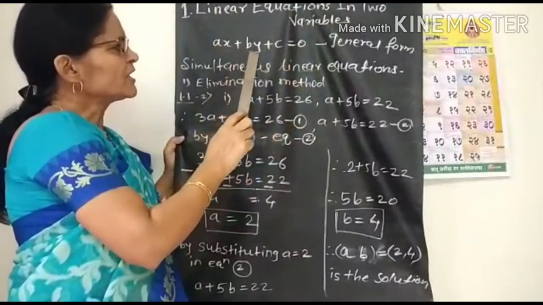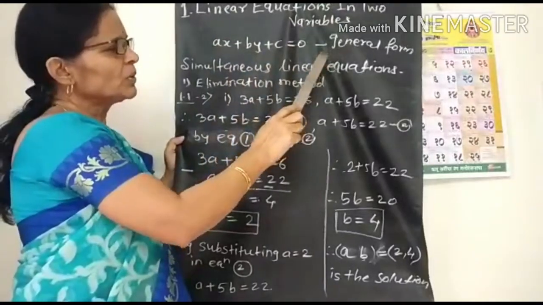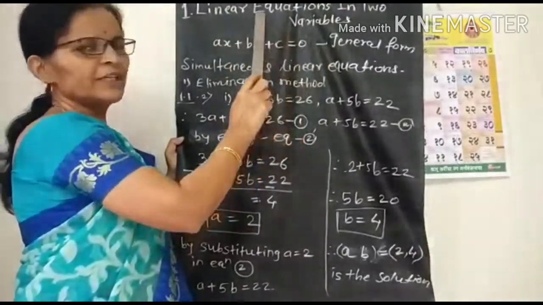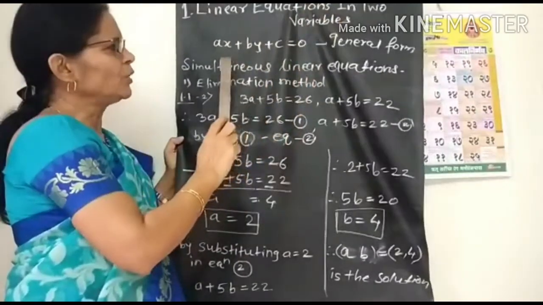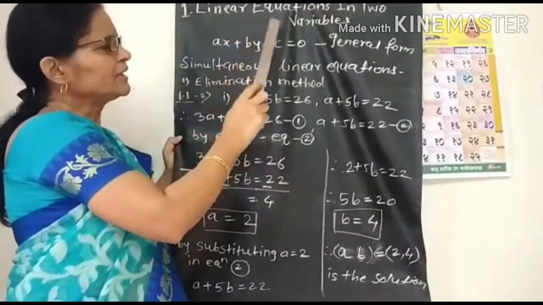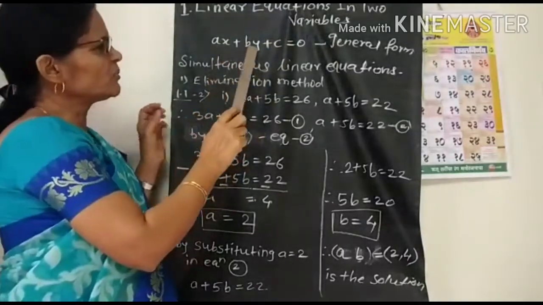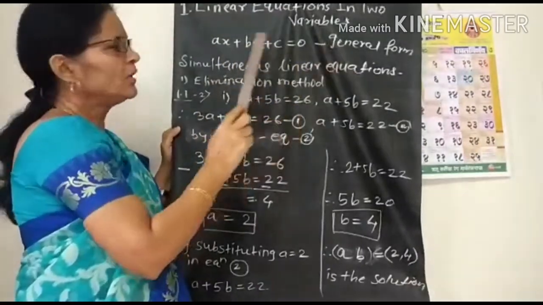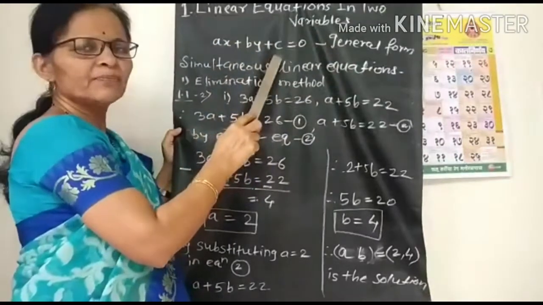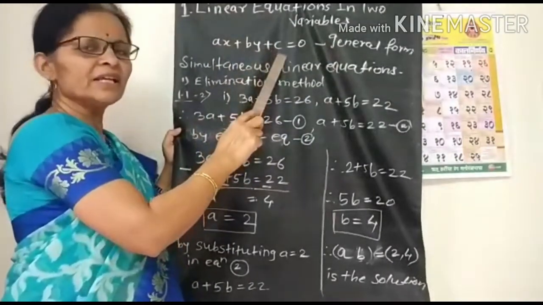So ax plus by plus c equal to 0. It is the general form of linear equation in two variables. What are a, b and c? a, b and c are the real numbers.